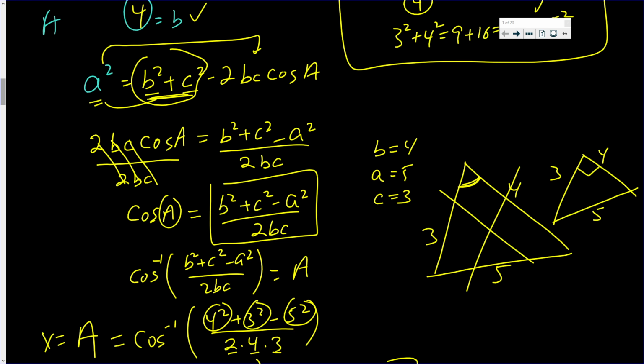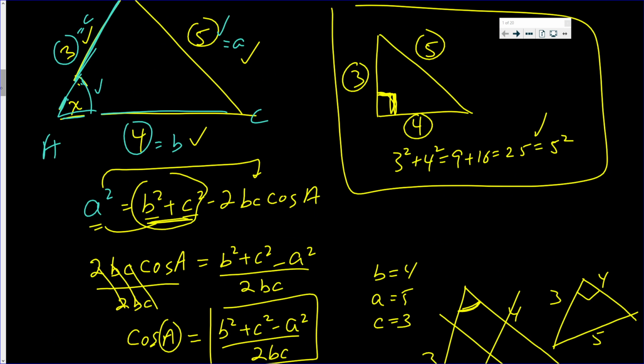It's going to be a right angle. So in this problem, from the very beginning, if you noticed 3, 4, 5 is a Pythagorean triple, which means that 3 squared plus 4 squared does equal 5 squared. The longest side opposite it is a right angle, 90 degrees.